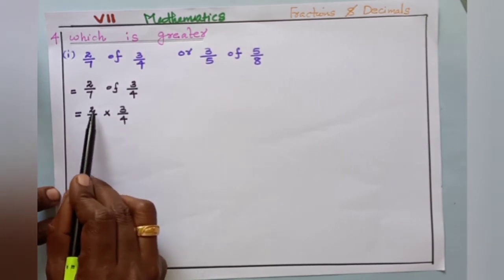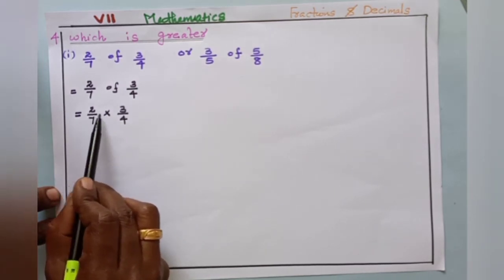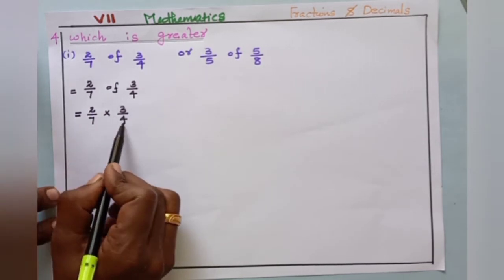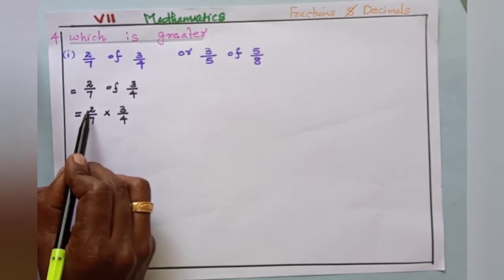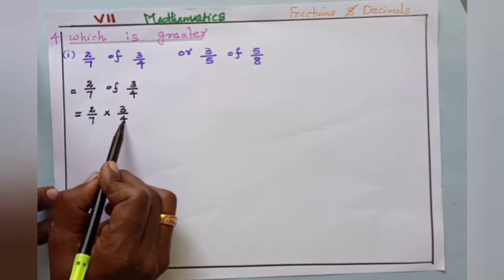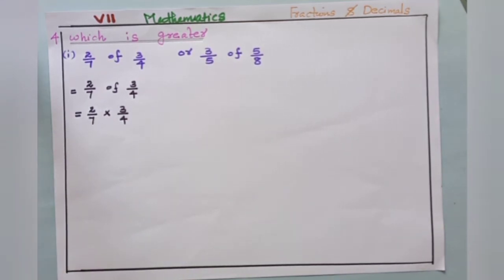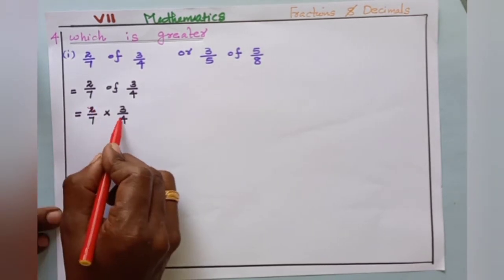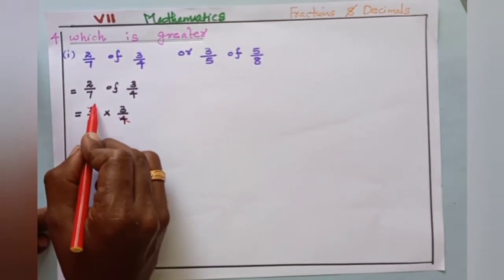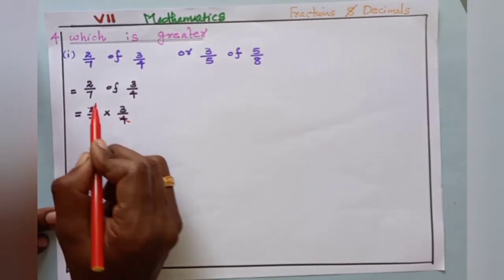See, is any cancellation possible here? 2 and 4. The highest common factor is 2. So we can cancel by 2. 2 and 4 cancel into 1 times.